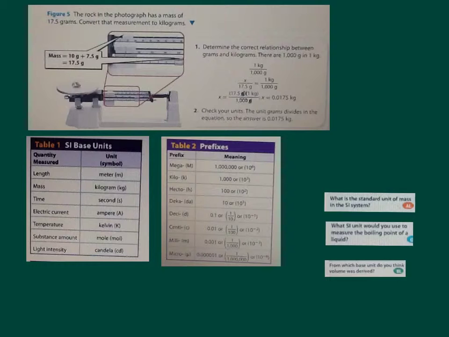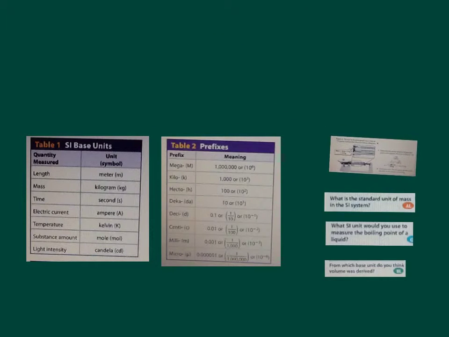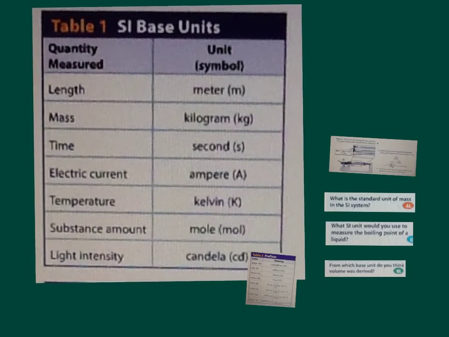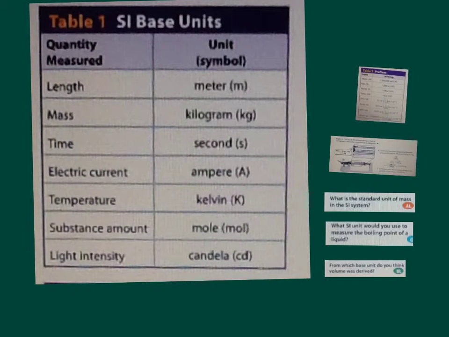Okay, now we want to talk about base units, which is something that we're going to be using in this class specifically. Okay, when you take measurements during scientific investigations in labs, for me, you're going to be using the SI system and these terms right here. We're going to be talking about meter, kilogram, seconds, Kelvin, ampere.